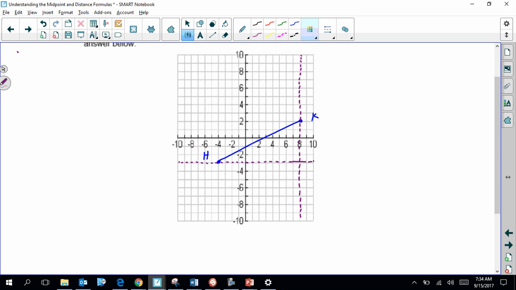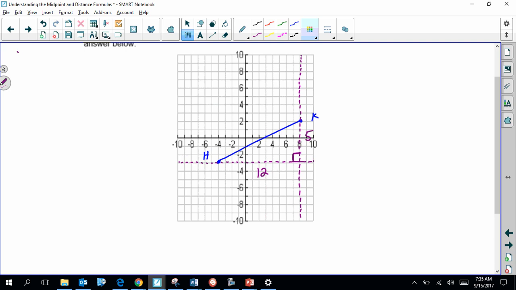What it's asking you to recognize is that we have a right triangle, where when I count from point H to the dotted vertical line, I get 12 units, and when I count from point K to the dotted horizontal line, I have 5 units. Because this is a right triangle, we can use the Pythagorean theorem to find the hypotenuse.